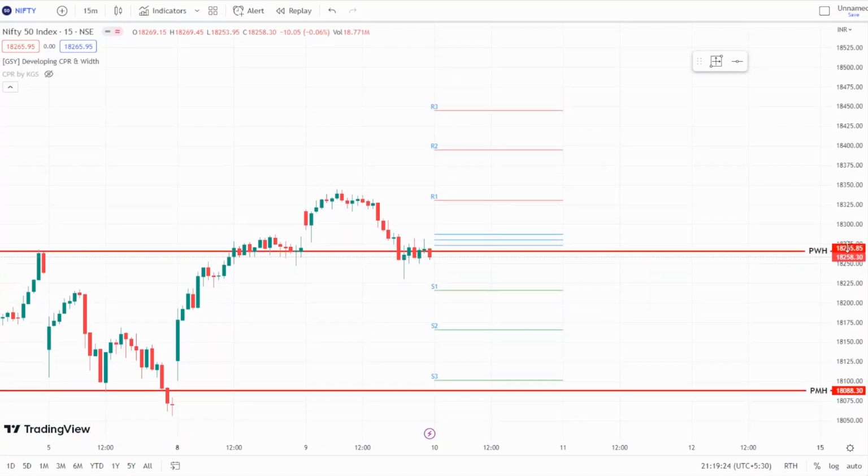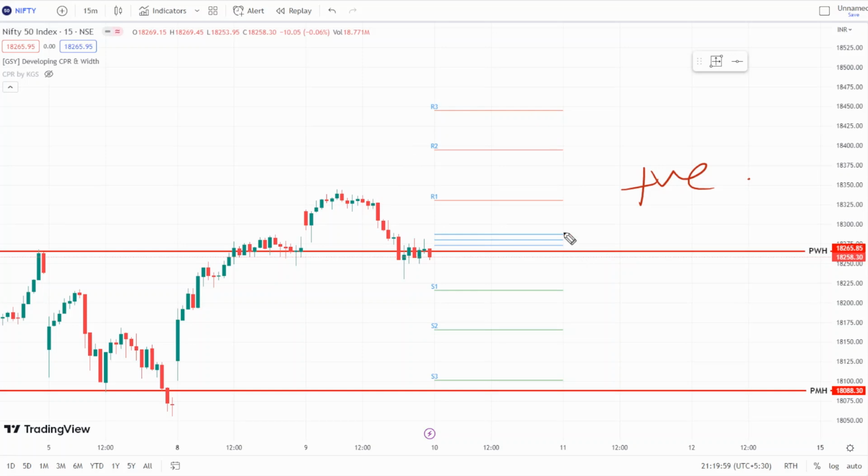So you need to understand one thing here again, somewhere nearby 18,280. If the market is above 18,280, it's positive for Nifty, because that's somewhere like the top daily pivot for tomorrow, and anything below 18,265 is negative for tomorrow's Nifty session.